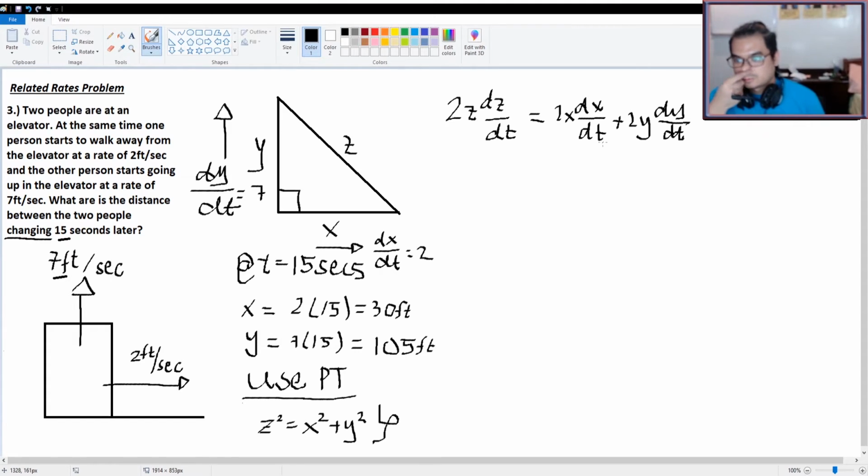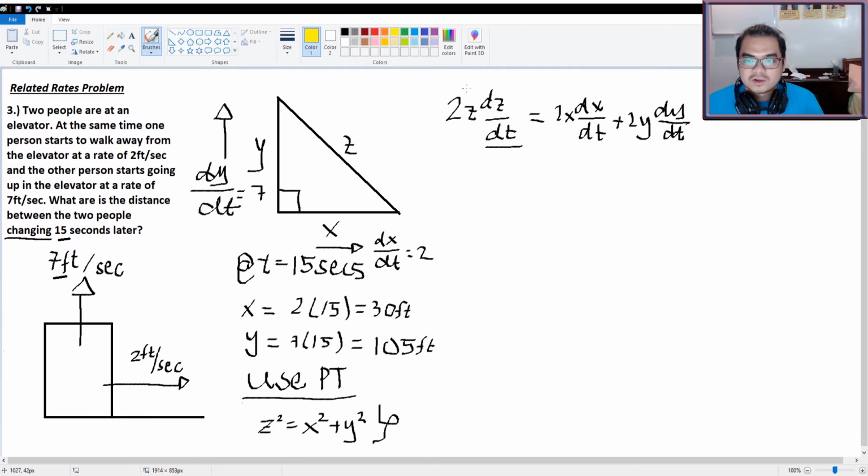We are asked to find the changing distance between the two people. The distance between the two people is z, therefore we are asked to find dz over dt.